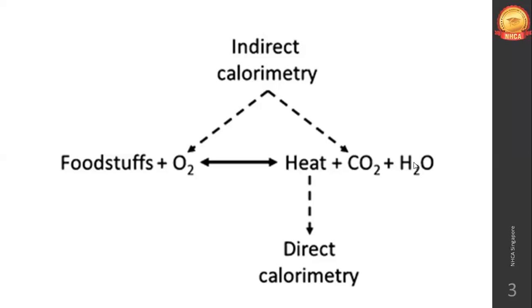Your body leaves, the water is leaving your body. Carbon dioxide is also released through your lungs. So when energy is produced, heat is produced, carbon dioxide is released, water is also released. And this heat that the body releases, that is what we check in direct calorimetry. That is the main difference between indirect and direct.